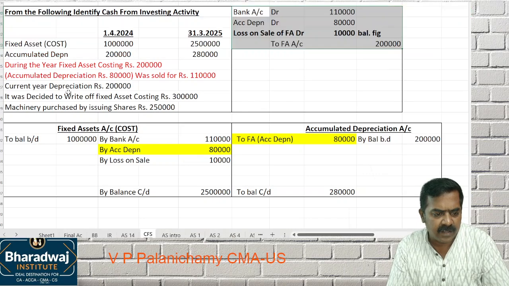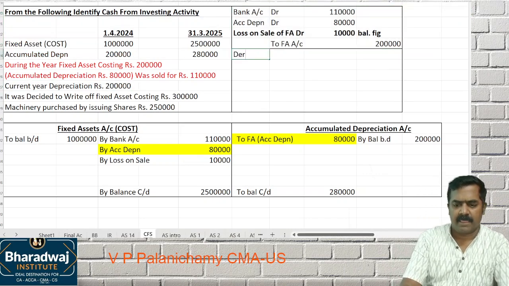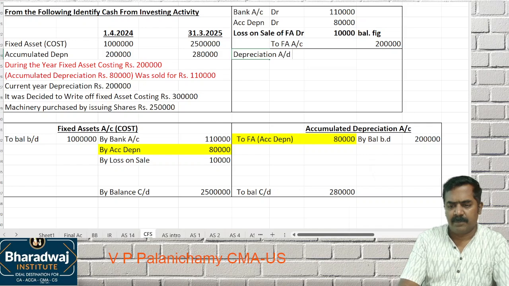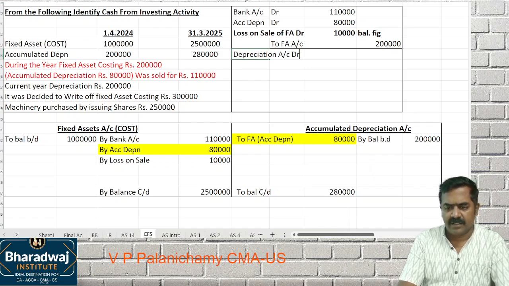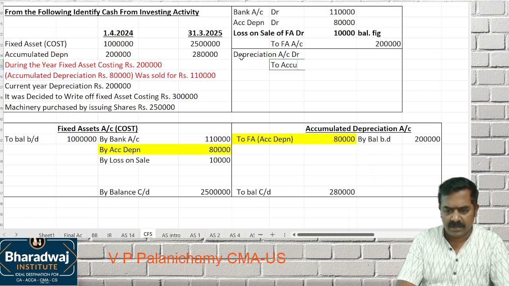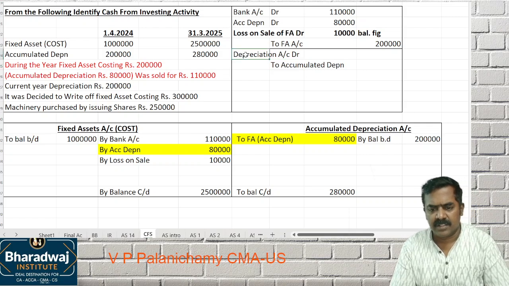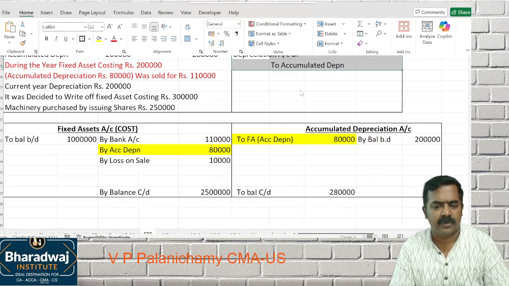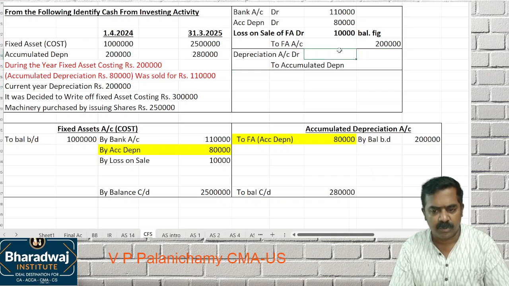What is the entry for current year depreciation? Depreciation account debit to asset or to provision for depreciation. Because are we charging the depreciation directly on the asset or are we maintaining provision for depreciation? So it will go to provision for depreciation.